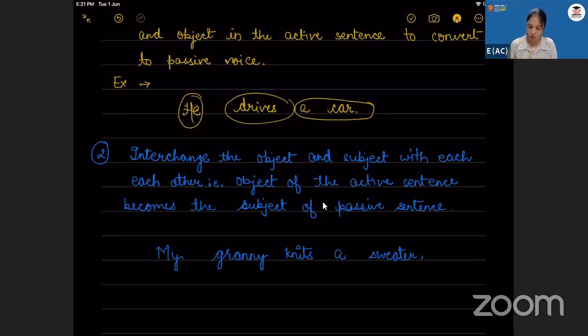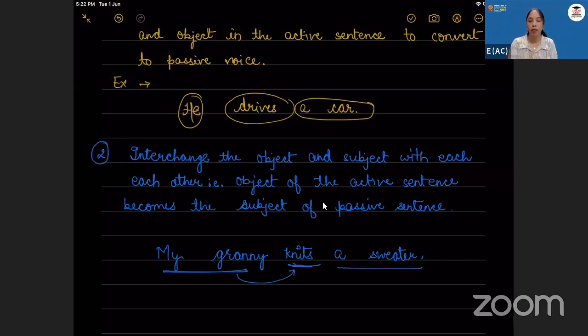Active voice. Who is the subject? Granny is the subject and knits is the verb. So the action is being done by the subject. So straight away it is an active sentence. Now the object is a sweater.